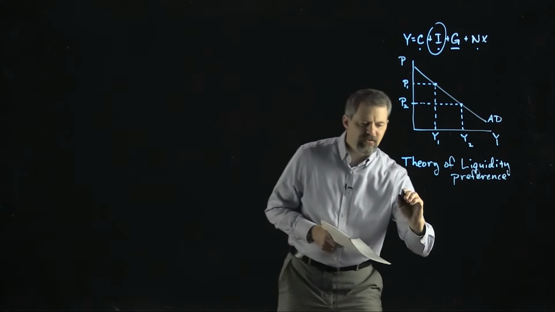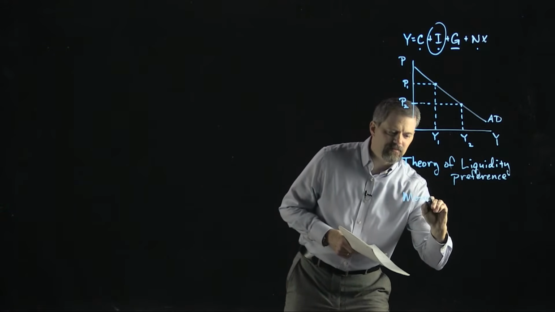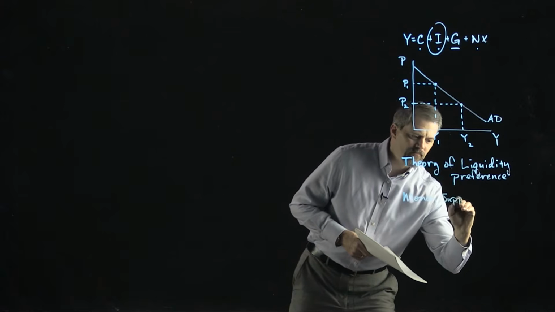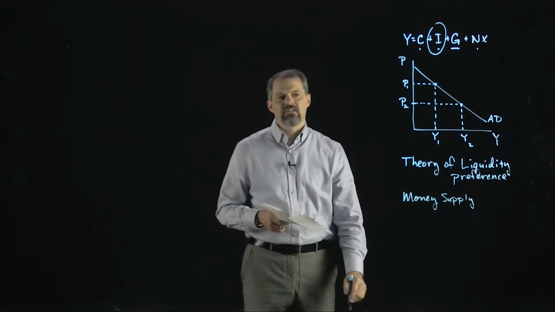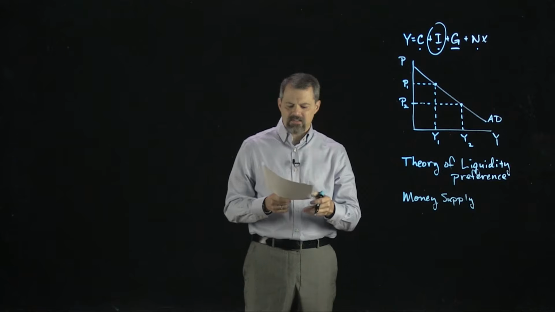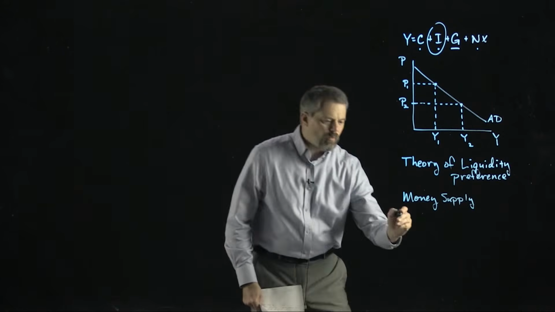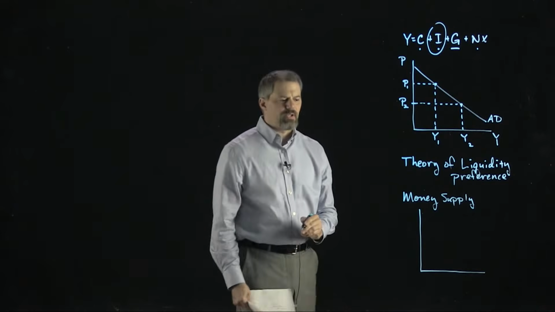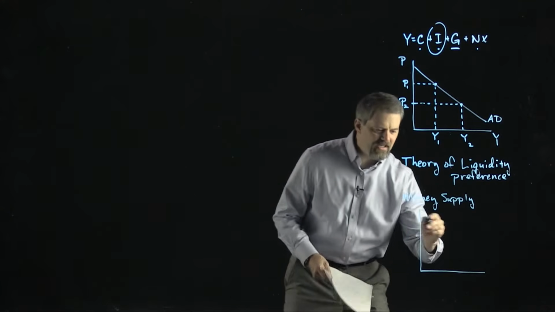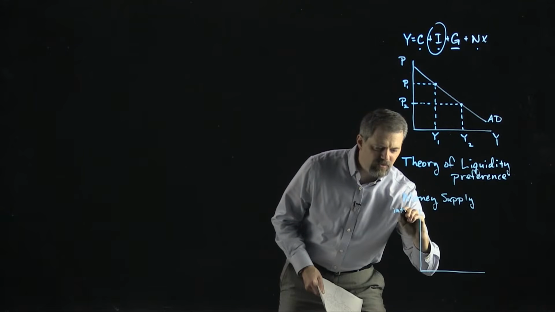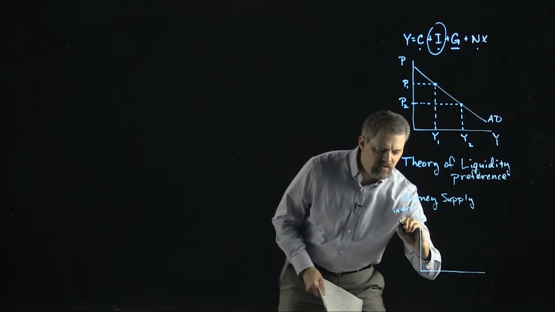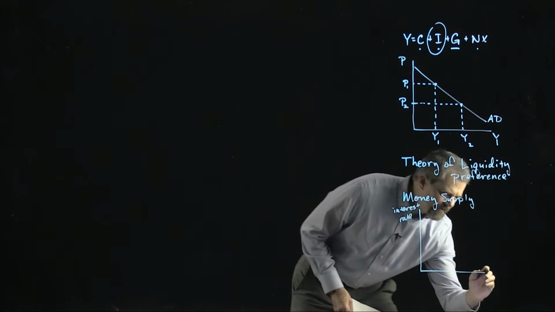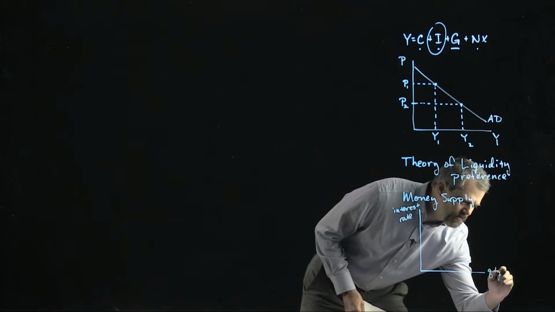One half of it, the first half of it, is the money supply. And this half is actually very easy. We've talked about something like this before. What we're going to do is explore the relationship between the interest rate and the quantity of money. So this is going to be our interest rate, and down here's the quantity of money.